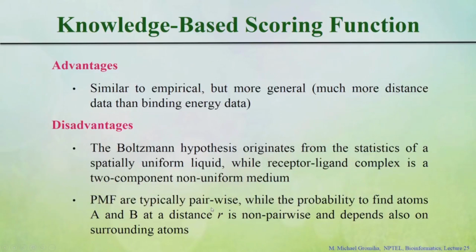In this case it is difficult to map all the contacts in the protein ligand complex. The second is that the hypothesis originates from the statistics of a uniform liquid, but here the environment of protein ligand complexes is totally non-uniform.